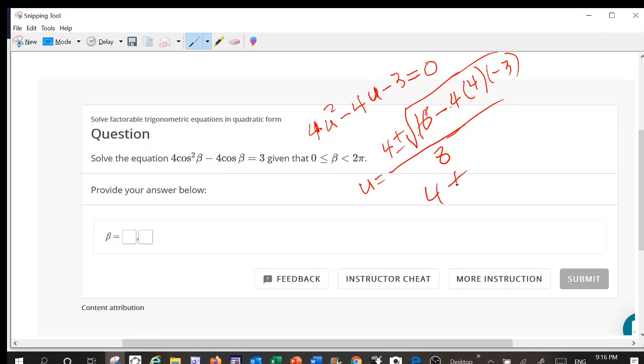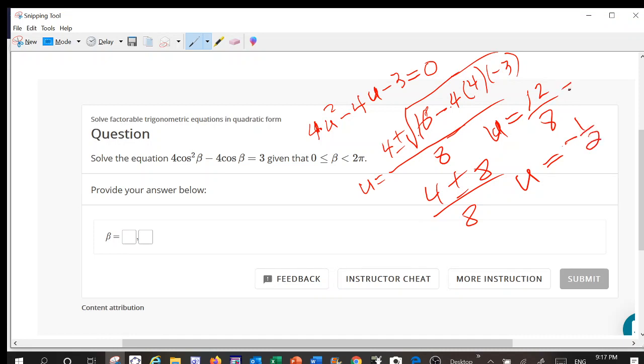So 4 plus and minus 8 over 8. So either u is 4 plus 8, which is 12 over 8, or u is negative 4 over 8, which is negative 1/2.